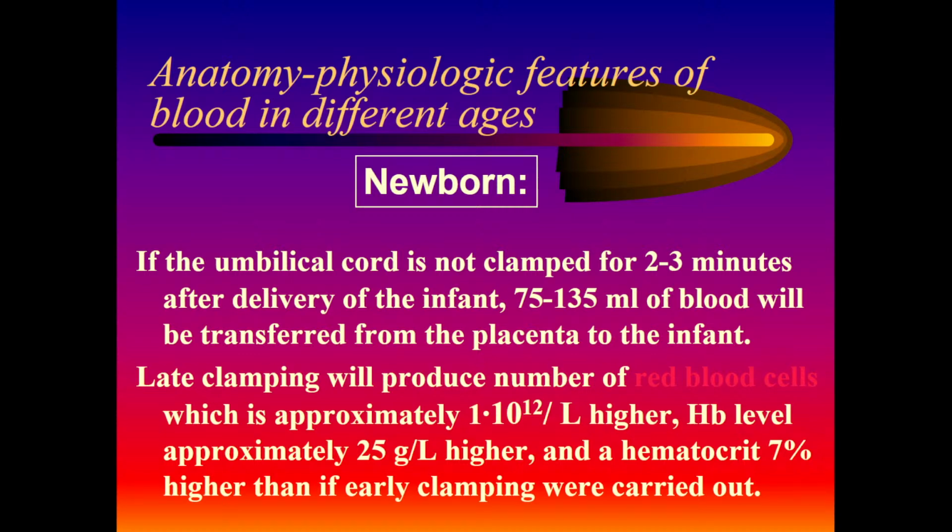Late clamping will produce a greater number of red blood cells, with hemoglobin level approximately 25% higher and hematocrit 70% higher than if early clamping were carried out. It's an important situation; we need early clamping of the umbilical cord in the newborn.